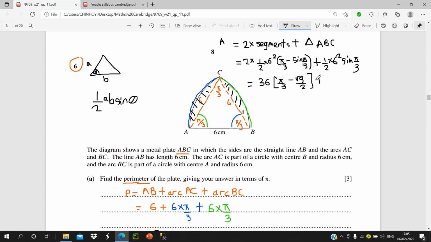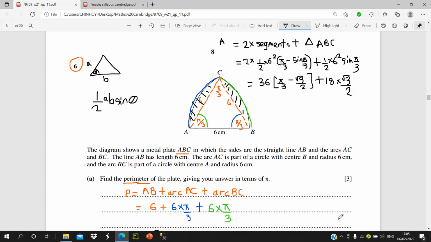Then plus here, half of 36 should get 18, times sine pi over 3, which is root 3 over 2.